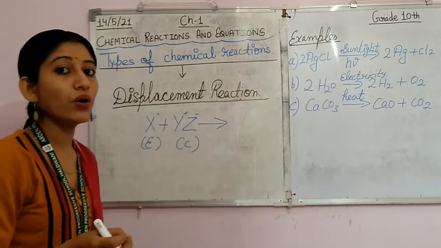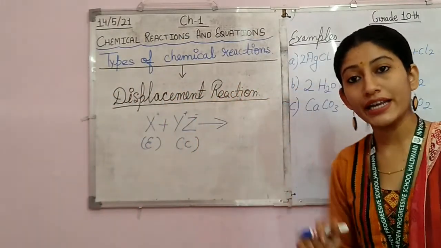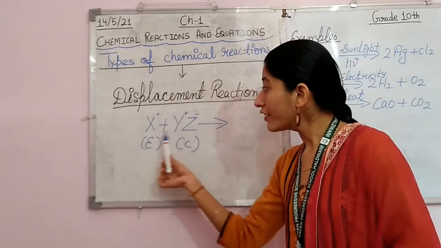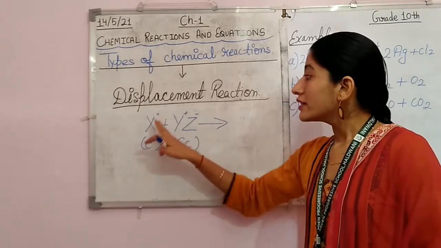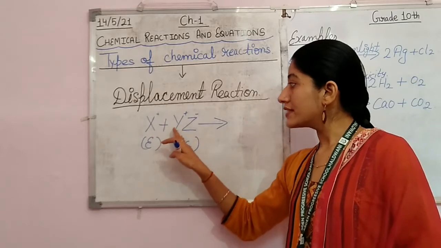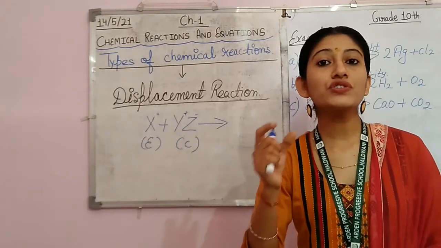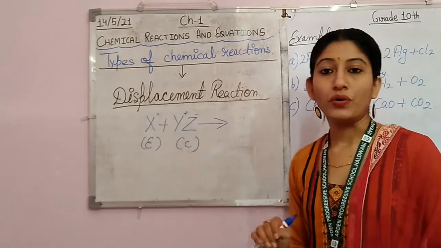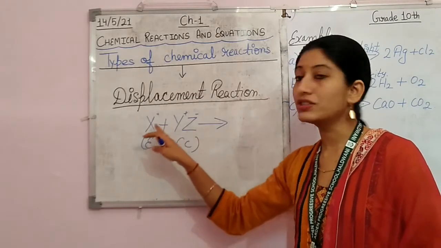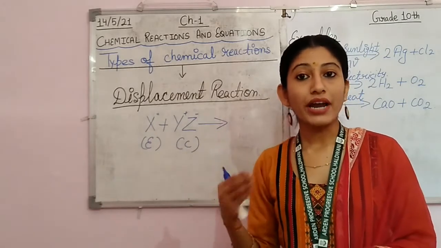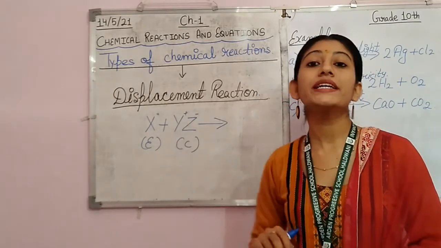Okay. Now for carrying out the displacement reaction, we have to keep in mind that this X wants to displace this Y and form a compound with Z. What I am trying to say here is that this X will combine with this Z and this Y will be displaced.